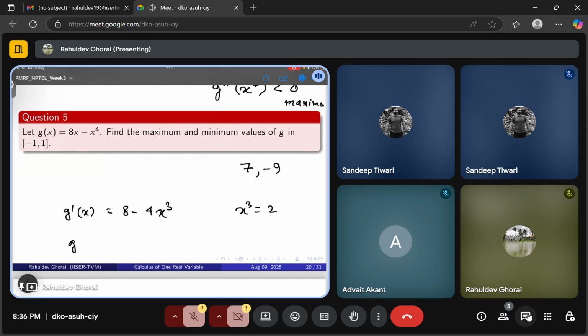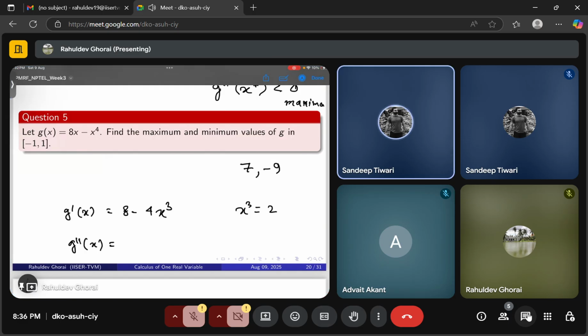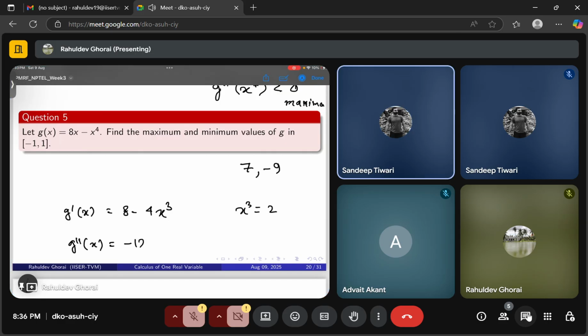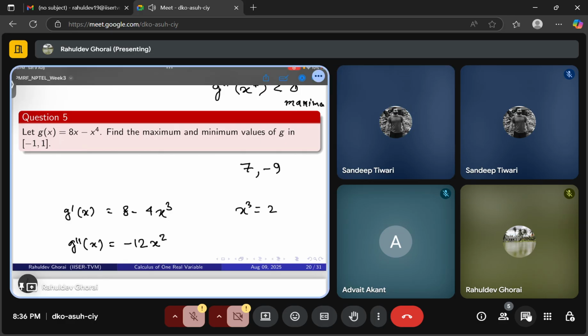So g double prime x, if you do, that will be, did I make any mistake here? No, right? Yeah. So g double prime x will be minus 12 x square.